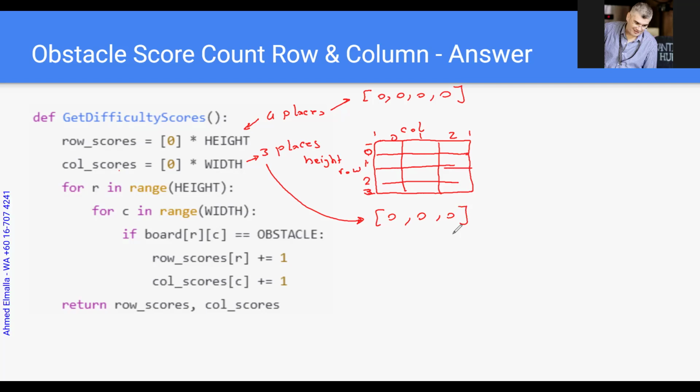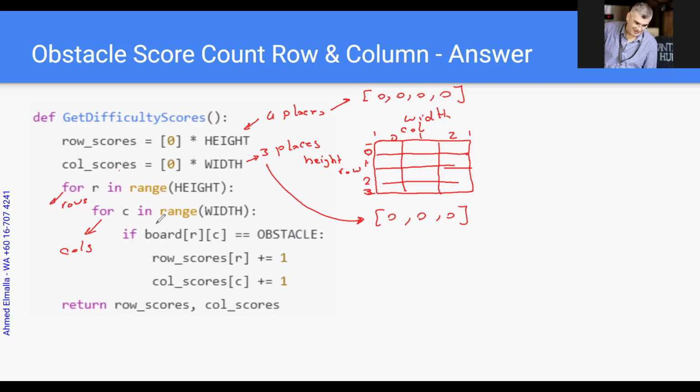So these are the 3 places that we initialize according to the widths, and the widths here represent the columns, the number of columns. We have 2 for loops. The outer for loop is for going through the rows. The second for loop is going through the columns.